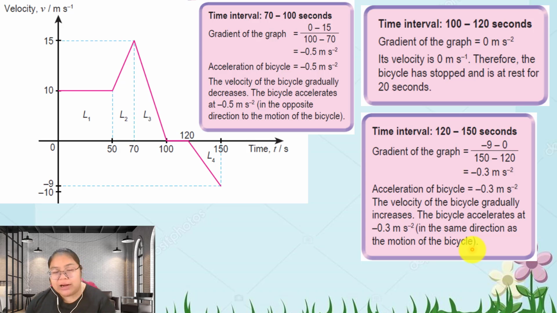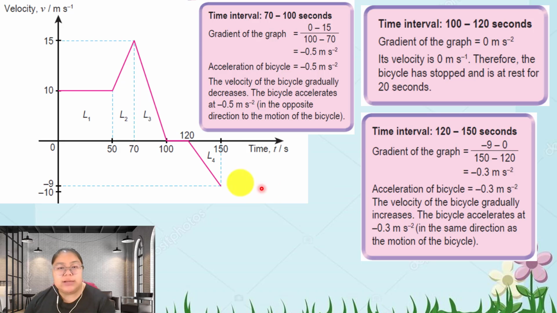Just now you got negative, which is the opposite direction of the motion. The motion is to the right-hand side, is it? When you slow down, that means you are opposite. So for the L4 part, the negative means the acceleration is in the opposite direction, but the direction of the motion is still positive because you keep increasing the velocity.